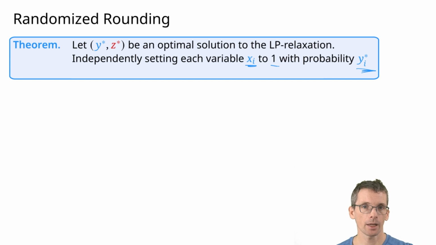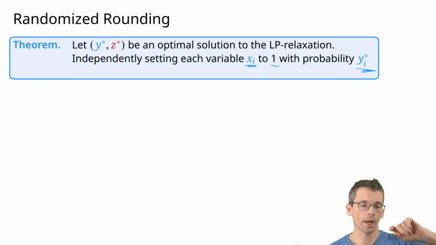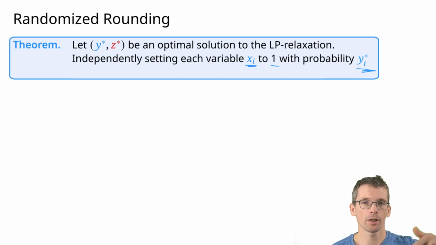This is yi in my optimal solution. So for instance, if yi star is 1, then definitely I want to set xi to 1, because it was probability 1. But if yi star is 0, I wouldn't want to set xi to 1, and I won't. But if it's in between, now I'm going to do it with the corresponding probability, and we're going to see in a moment why this works so nicely.